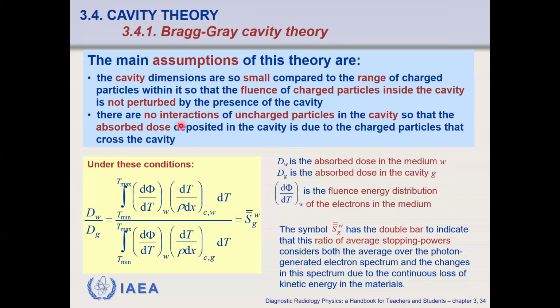As for the second assumption, the energy deposition in the cavity is entirely due to the charged particles that pass through the cavity. So the uncharged particles do not interact within the cavity and therefore do not contribute to the dose directly.